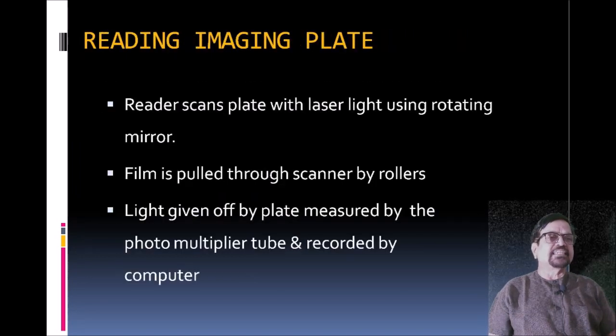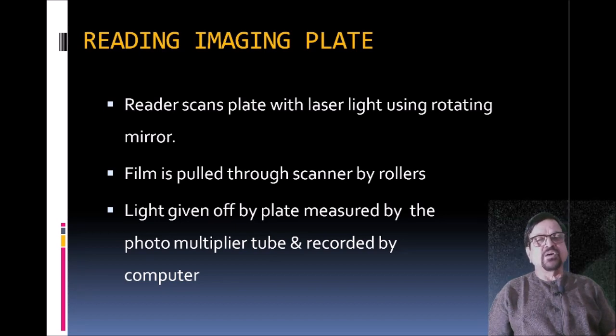Now the reader scans the plate with laser light using rotating mirrors. So inside there are rotating mirrors and a laser light. The images are read with the help of these. Now the film is pulled out through the screen by the rollers. Once the cassette is put in, the plate is pulled out and it runs over the rollers.